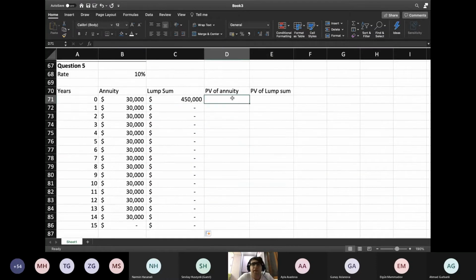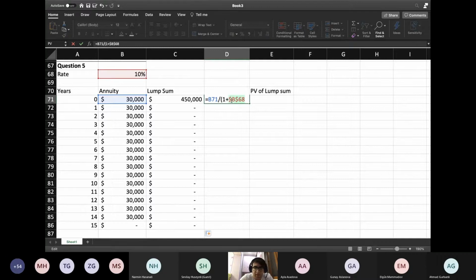So let's calculate the present value of annuity payments. For this, divide 30,000 by 1 plus interest rate. I fix the interest rate because when I drag the formula down, Excel should refer to my rate, 10%, to the power of 0.